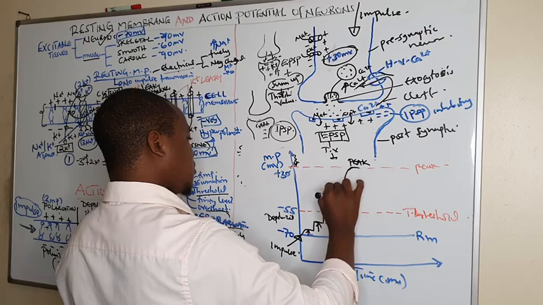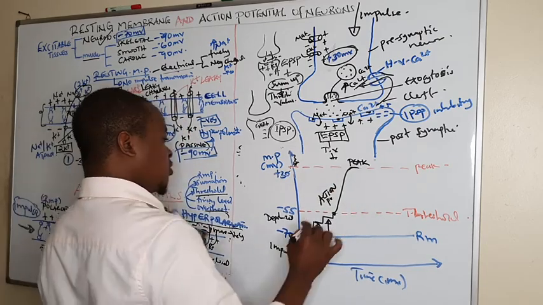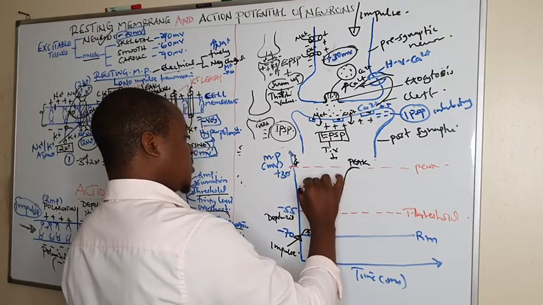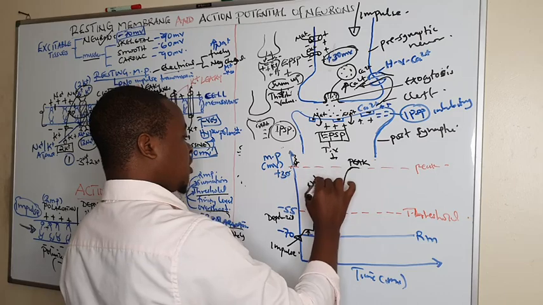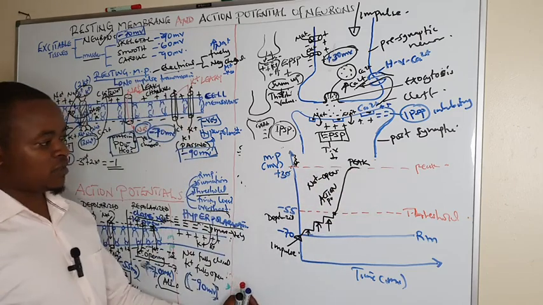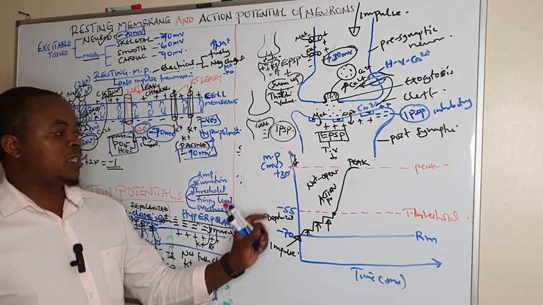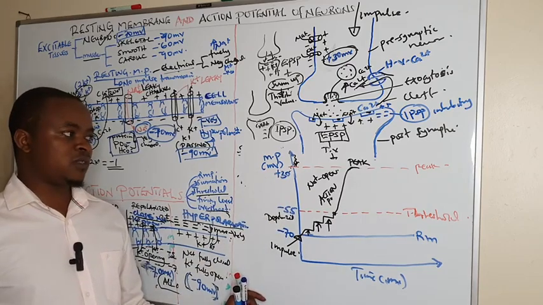So this is the action potential, and it is brought about by sodium gated channels opening, allowing influx. So the peak is at plus 30 millivolts.